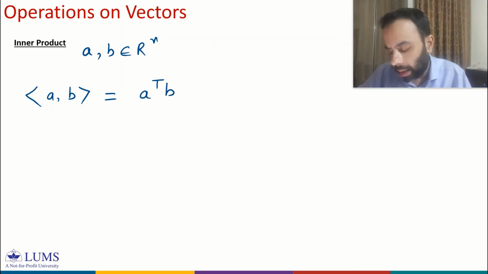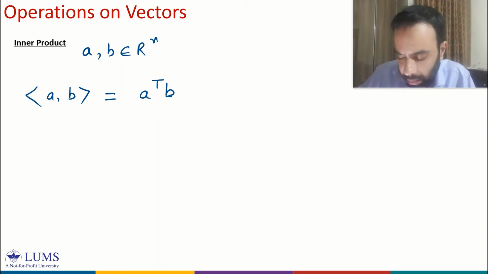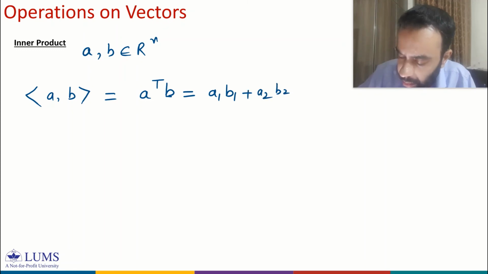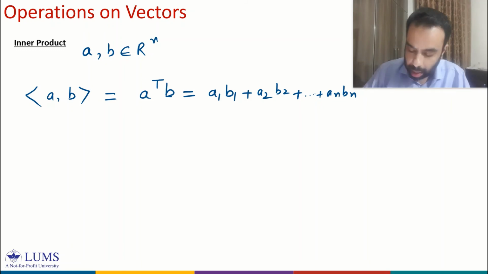Although we have not defined this transpose operation, for now you can just say that this is some notation a transpose b, and that is given by multiplying element-wise and then adding: a1 b1 plus a2 b2 plus so on plus an bn. So this is how you define inner product.